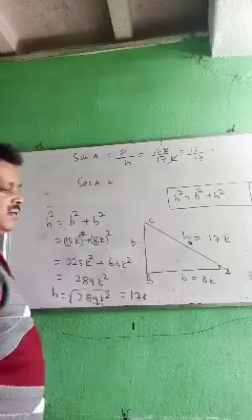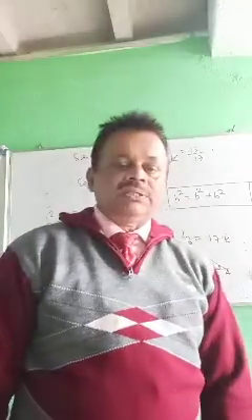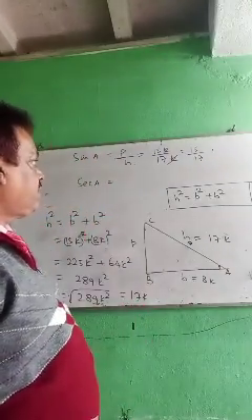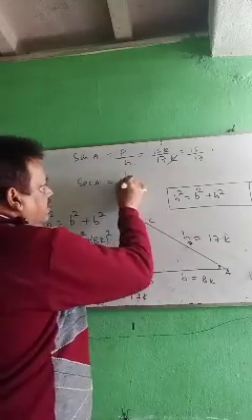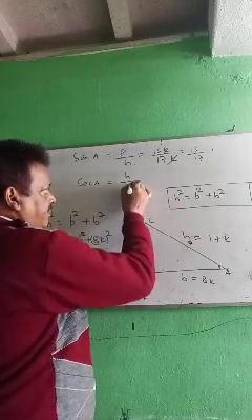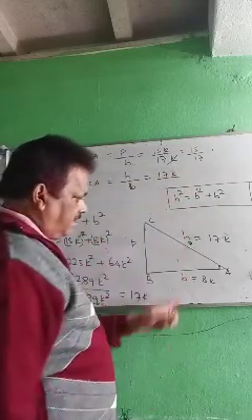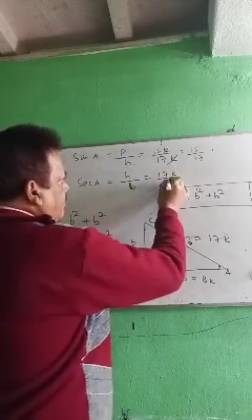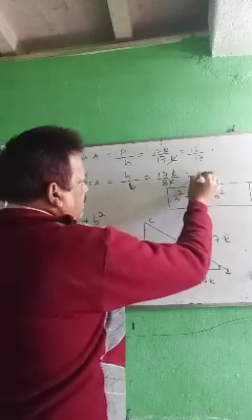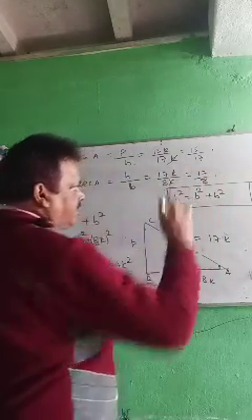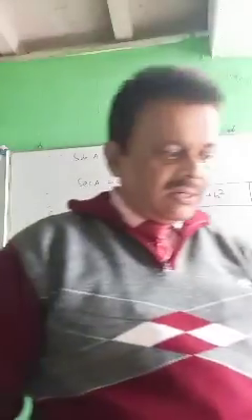Sec A. Sec A is a formula. Sin and cos, you remember? Cos is B by H. This will be H by B. The formula you remember today. H means 17K. Base is 8K. K cancels. 17 by 8. So like this we have to solve.